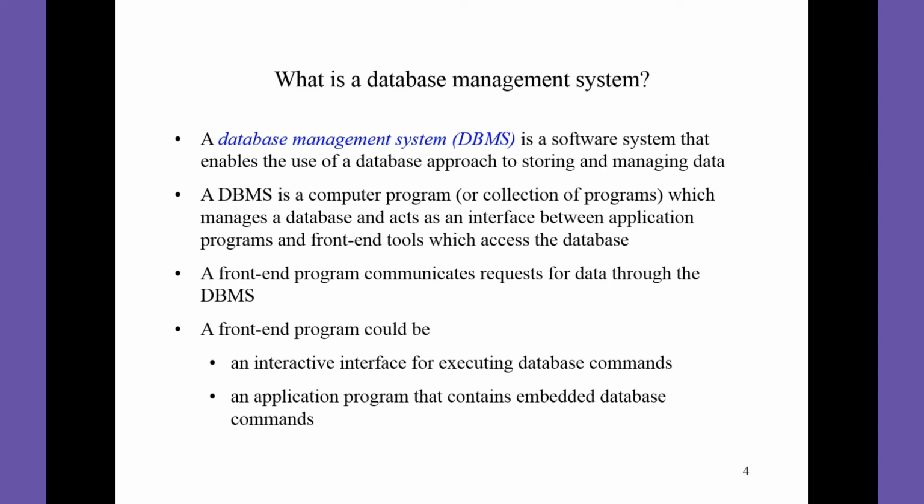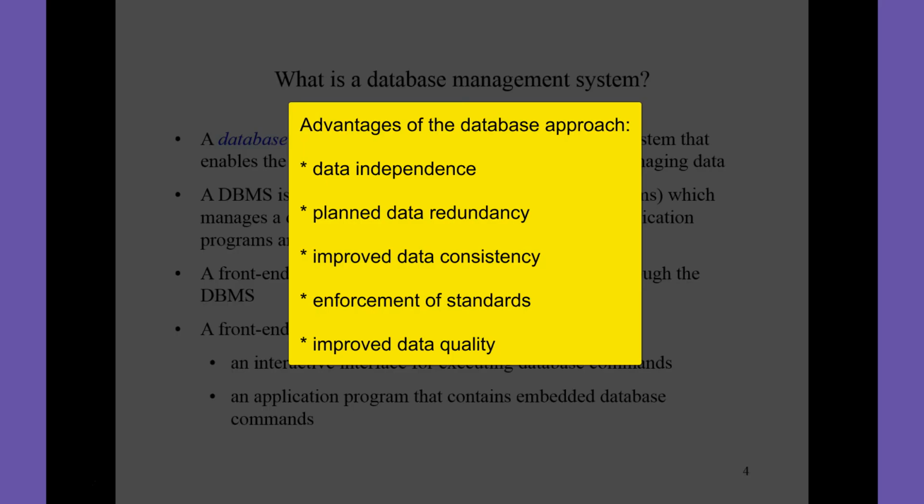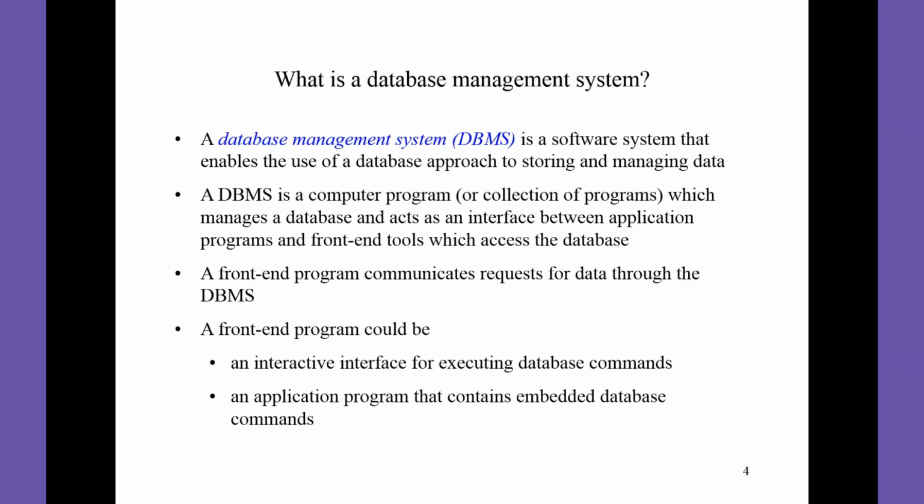Getting back to the distinction then between files and databases, there are numerous advantages of following the database approach. These include data independence, planned data redundancy, improved data consistency, enforcement of standards, and improved data quality.